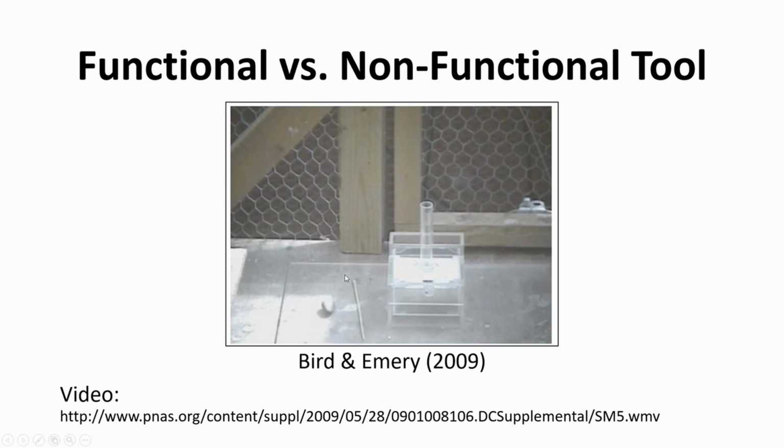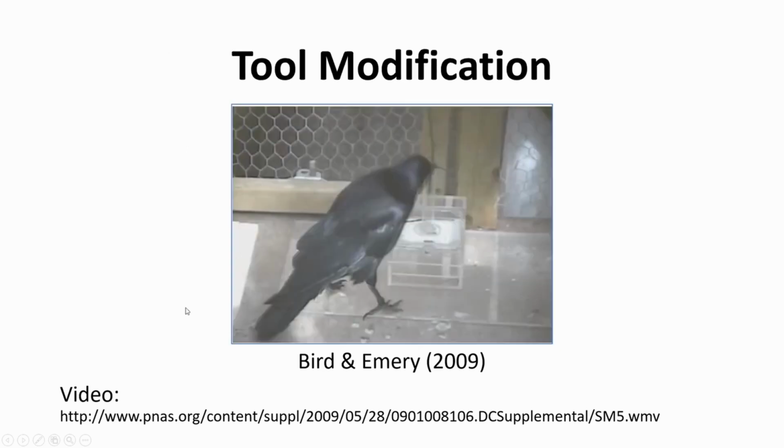So again, the birds will stop paying attention to the non-functional tools, the sticks that are too short to be of any use. So this is used as evidence that they understand what these tools are going to be used for and that they don't fit some criteria that would make them useful in this situation. So we have this differential treatment, whether a tool would be functional or non-functional, where they pay attention to things that have more function and they pay less attention to things that wouldn't be useful.